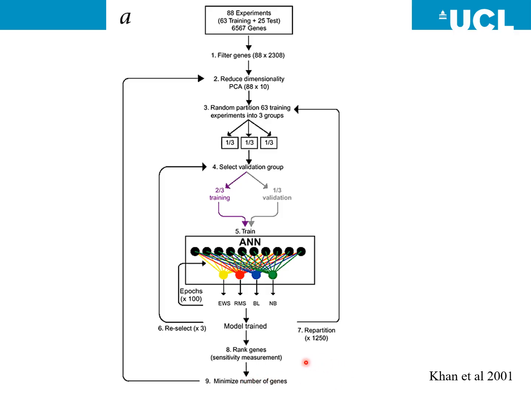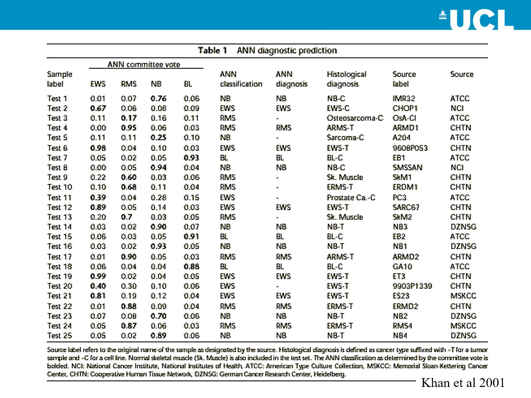So they did a number of steps partly because they were working with so few experimental data points, the 88 samples, 63 training samples. So they didn't really have the millions of data samples to train a deep neural network. But they actually got very good performance.